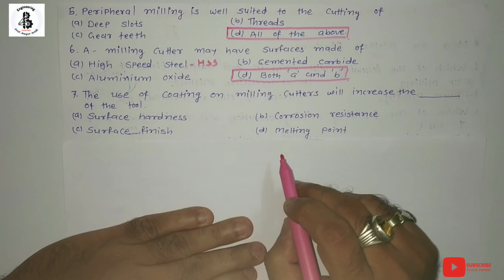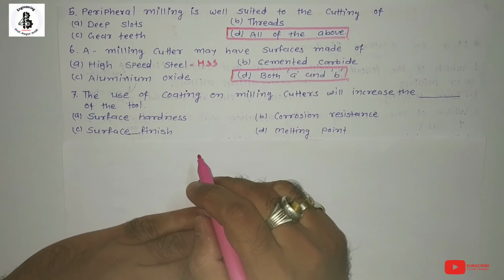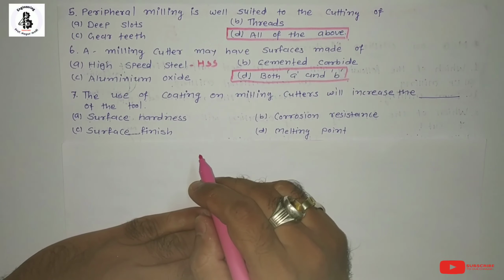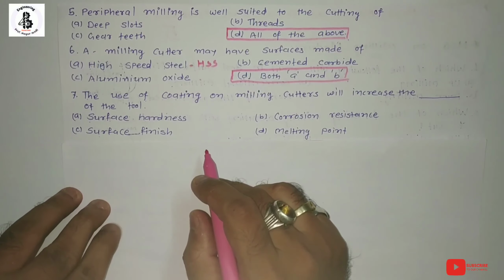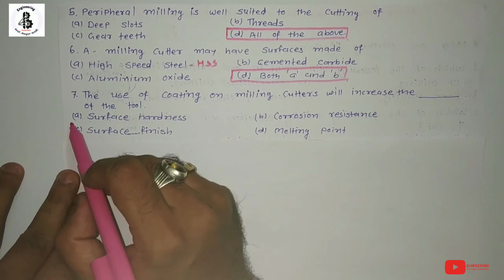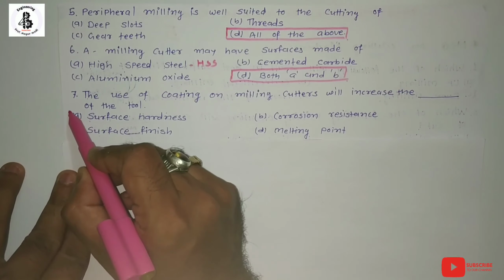So basically the coating on milling cutters will increase the surface hardness of the tool. Your outer surface becomes harder by the coating. That also depends upon which kind of coating material is used, but it makes a harder surface. So the right answer is option A, surface hardness.